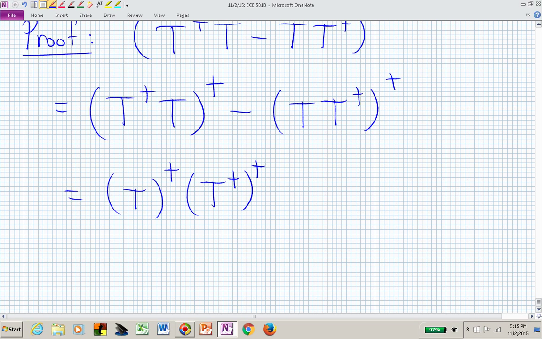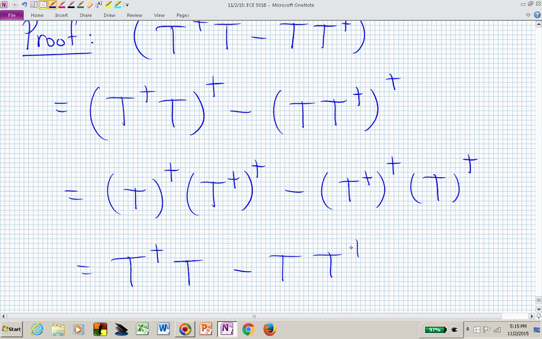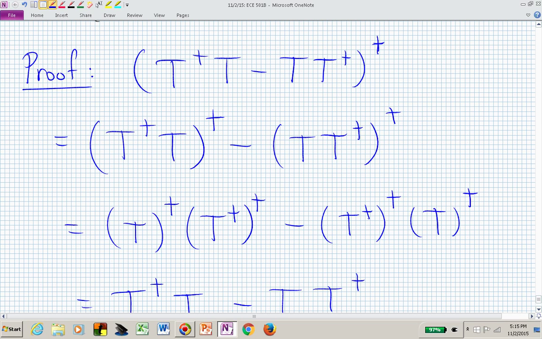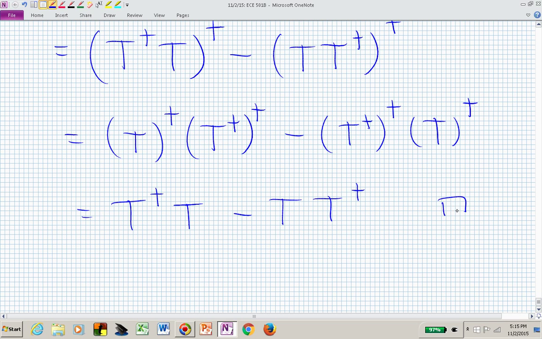So that now we have T daggered operating on T dagger dagger minus T dagger daggered operating on T dagger. So that now we have T dagger T minus T T dagger, and that's actually what we started with in the parentheses above, so that now we have shown that that operator is in fact self-adjoint.